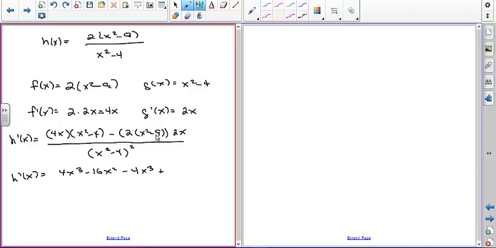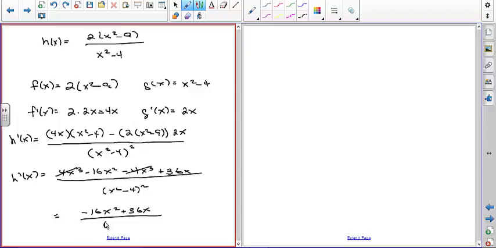And you're going to have 2 times 9 times 2, which is 36x. So that's multiplying this out. It's all divided by x squared minus 4 squared. These cancel out. So what I'm left with is negative 16x squared plus 36x divided by x squared minus 4 squared.